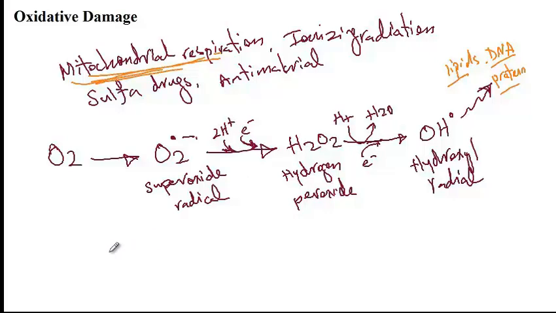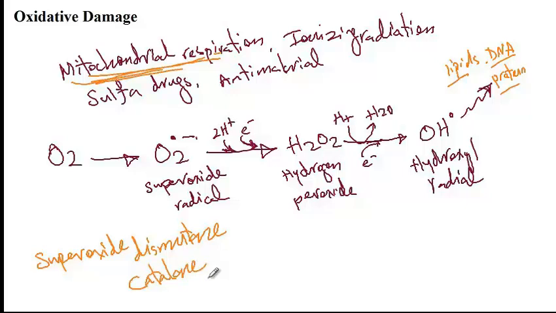For instance, the superoxide dismutase enzyme helps convert the superoxide radical into H2O2. And then hydrogen peroxide can be broken down by two different enzymes, catalase, and the other enzyme is glutathione peroxidase.